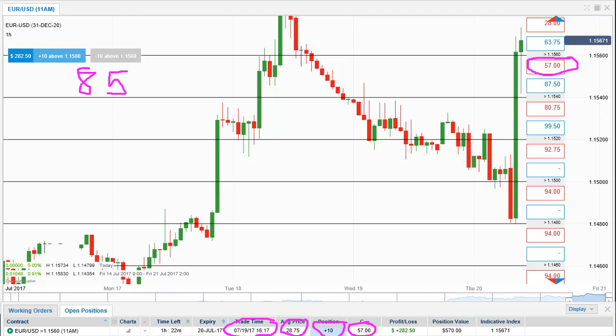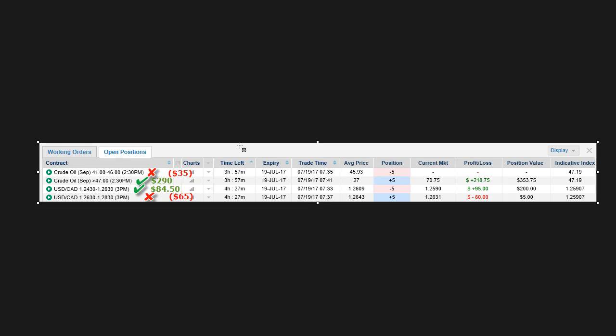Now, I also traded the crude oil inventories yesterday, as well as the USD CAD. On those, I really was not very focused on where the market was going to go. So what I did was both a long and a short.